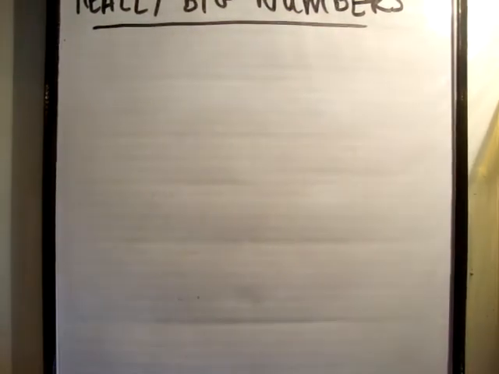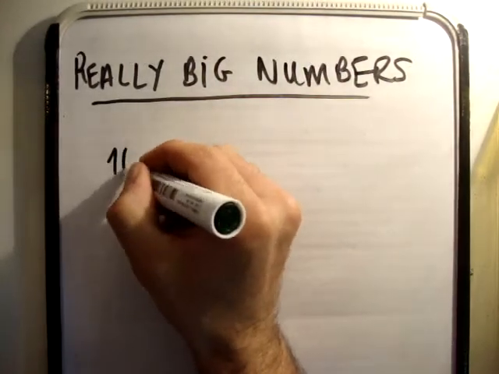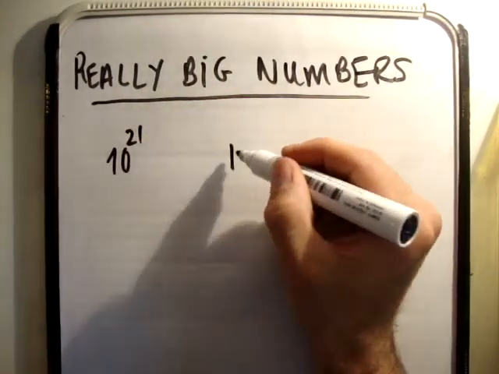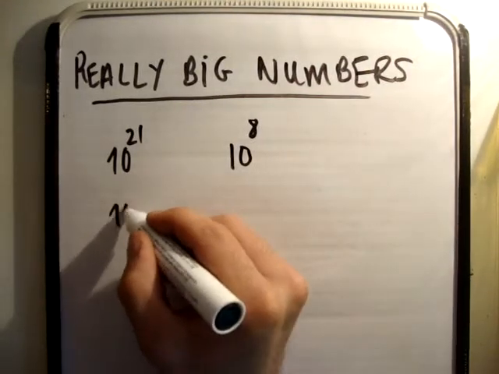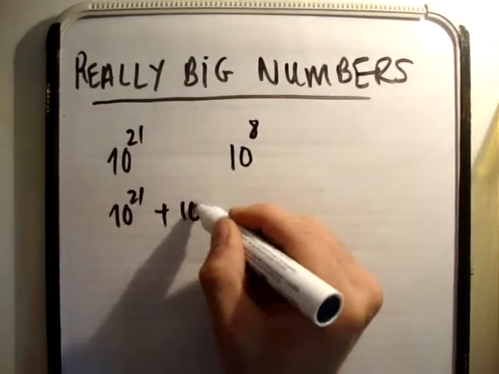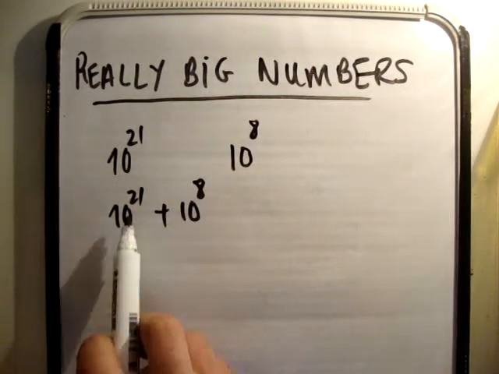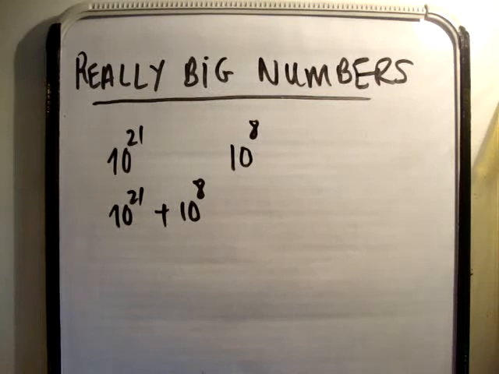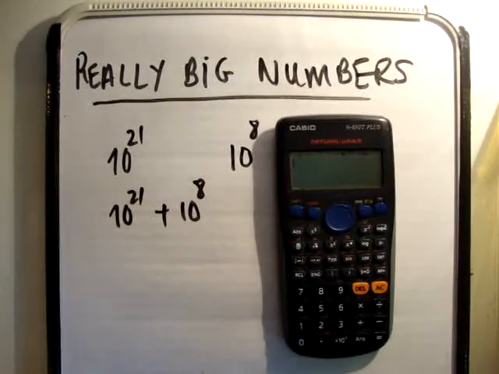So what if you had a number like this? What if you had 10 to the 21 and 10 to the 8? What if I wanted to add the two numbers, 10 to the 21 plus 10 to the 8? Okay? Now, first of all, how much bigger is the number 10 to the 21 versus 10 to the 8? And you might say, well, it's actually 13 times bigger. And the answer is, you are absolutely incorrect.